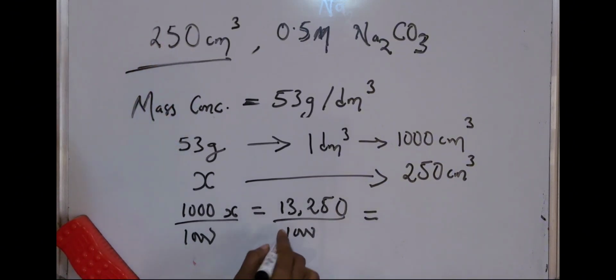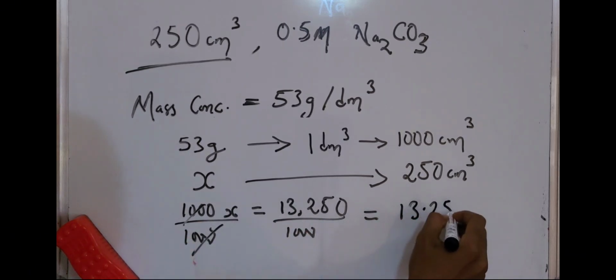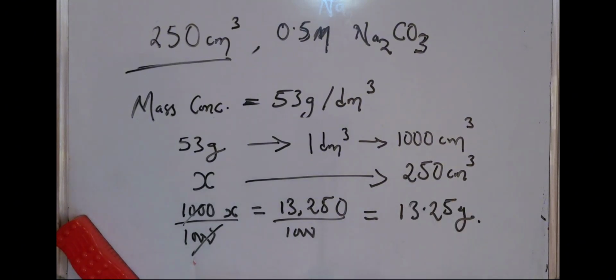So if you do this correctly, 13,250 divided by 1000 will give you around 13.25. So you're going to have 13.25 gram.